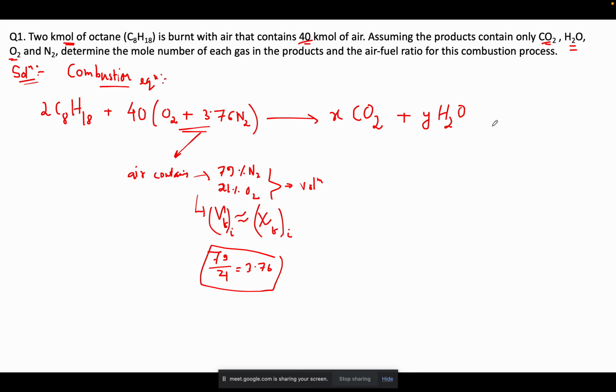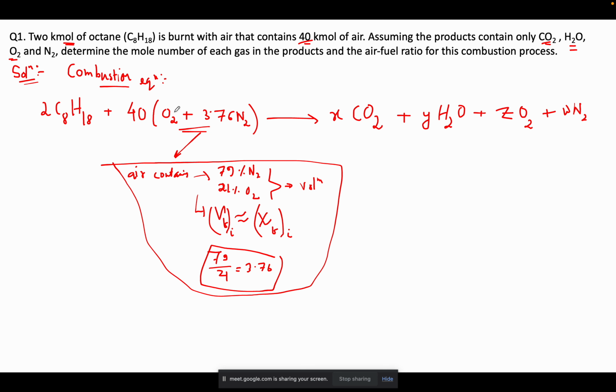Okay, and then let us say z number of oxygen are present, and w number of nitrogen comes out. So you have to tell the mole number of each gas in the products. That means you basically have to determine x, y, z and w.